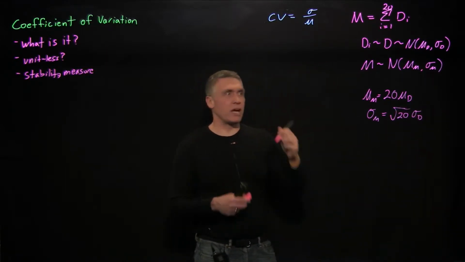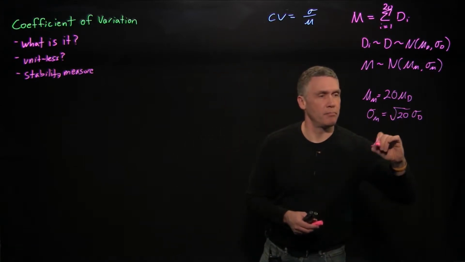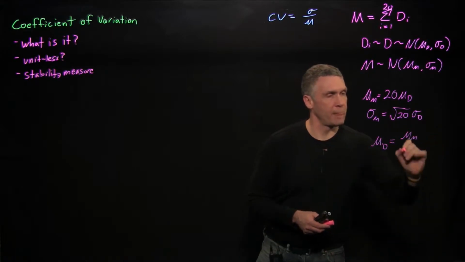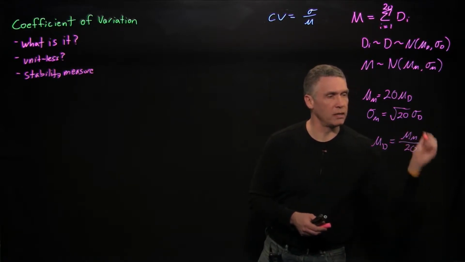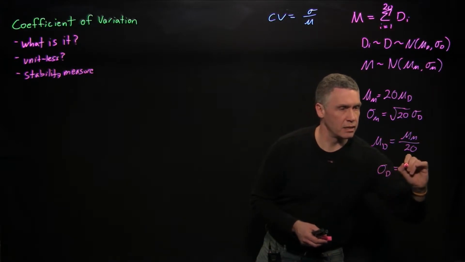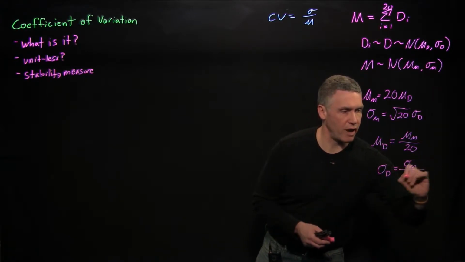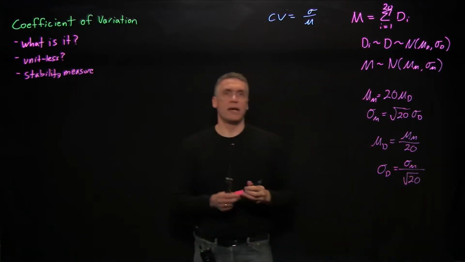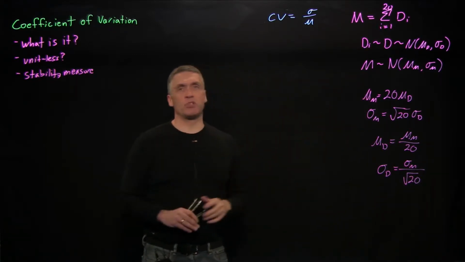And then working the other way, we see that mu_d is mu_m divided by 20, and sigma_d is sigma_m divided by the square root of 20, right? So we have this mapping back and forth between them.